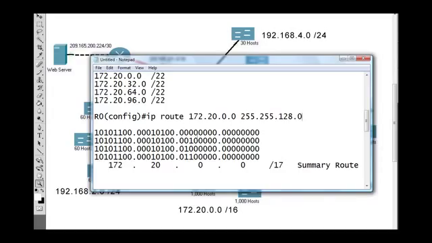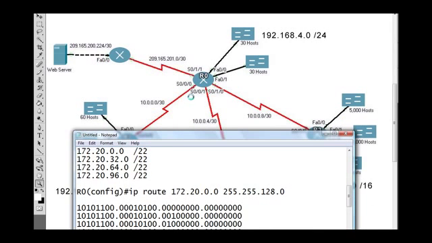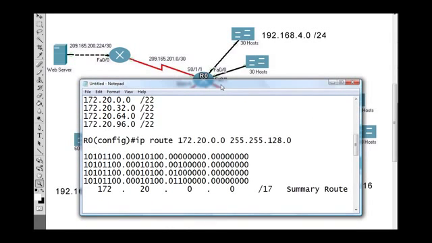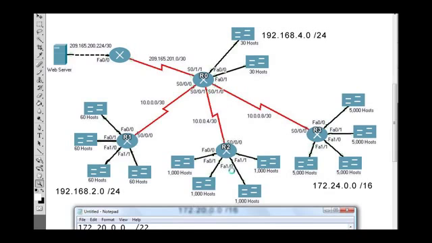And then the exit interface, which in this case is serial 0/0/1, S0/0/1. That would be the configuration line that you would put into R0. This would be your second summary route, which would reach these bottom 4 networks.